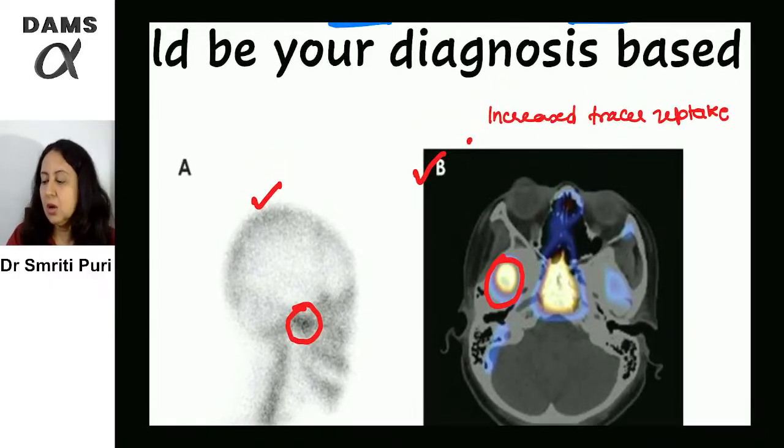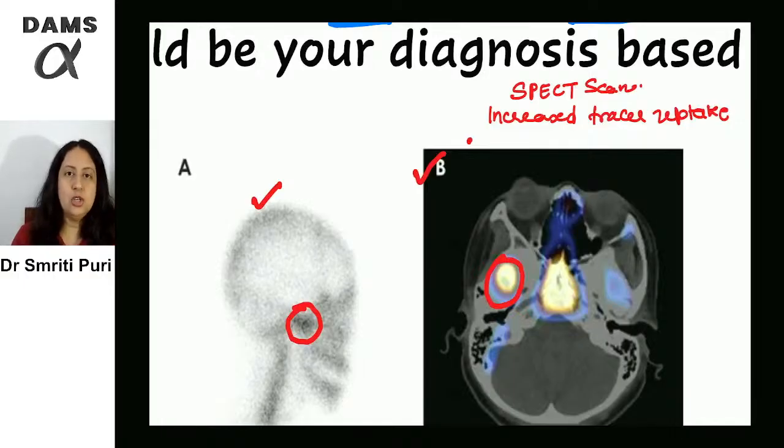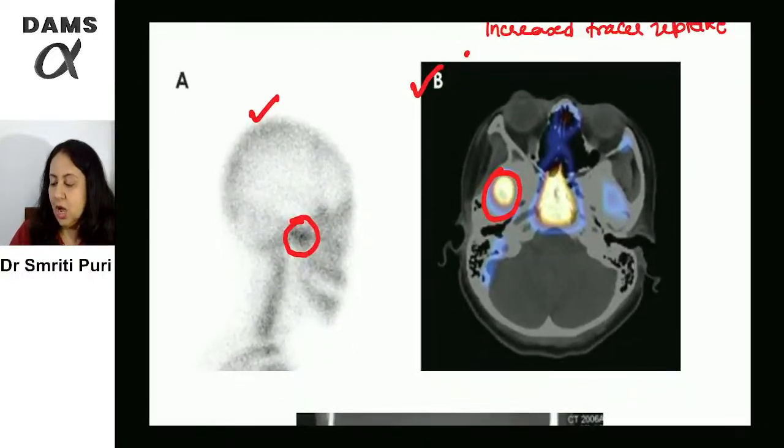Now this image here is a SPECT scan, single photon emission computed tomography. There is increased tracer uptake in the right condylar region, also known as a hot spot.